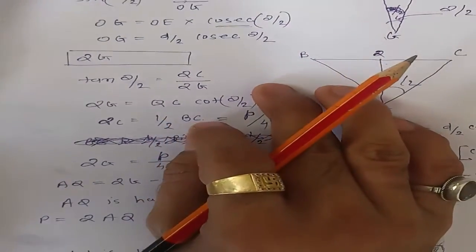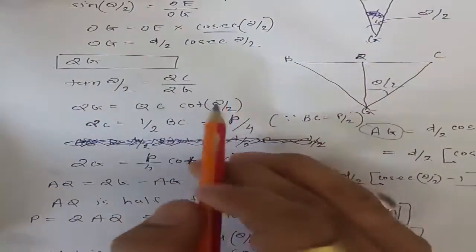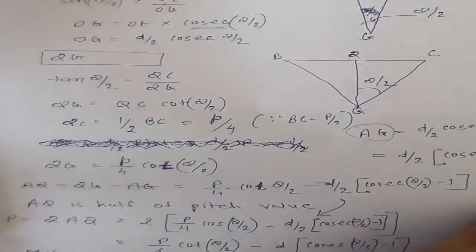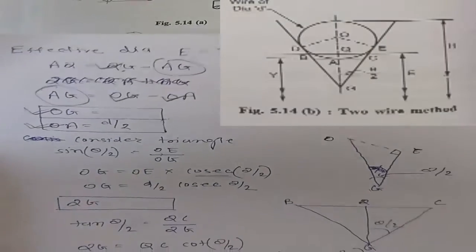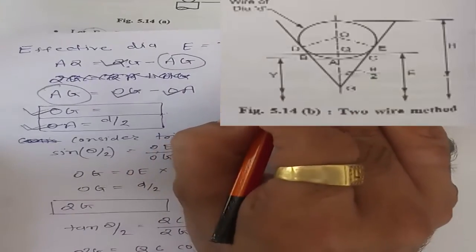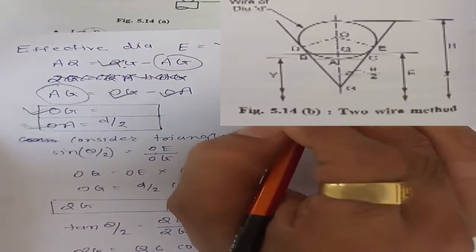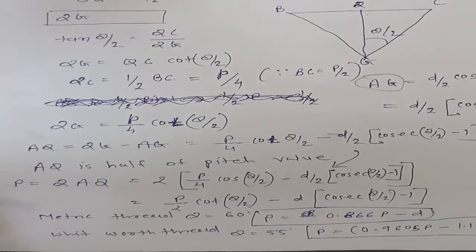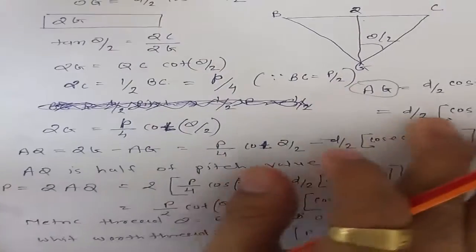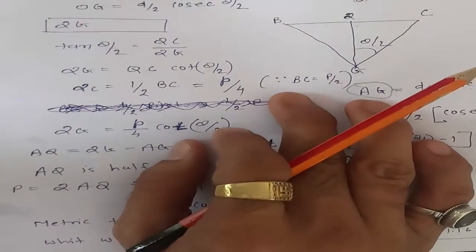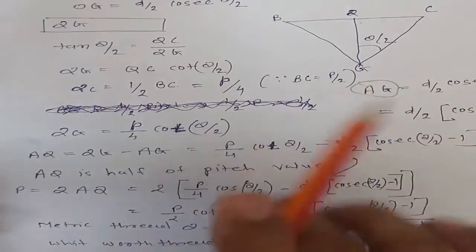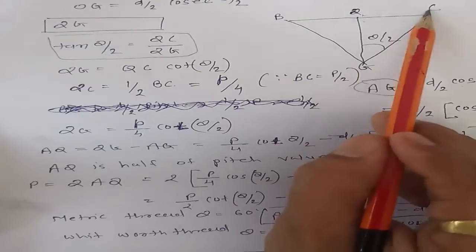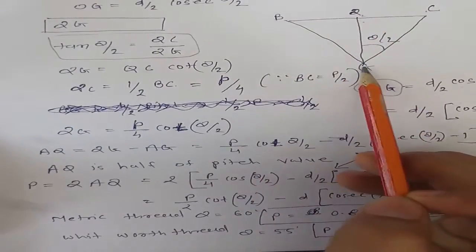Consider the another triangle BCG. This is B, this is C, and this is G. The same triangle I have written here. From BCG, tan theta by 2 is equal to QC upon QG.